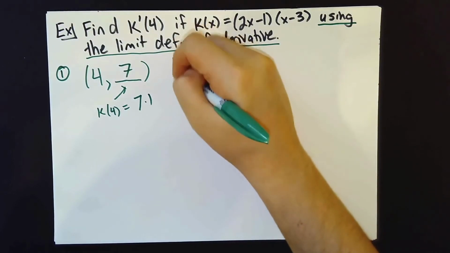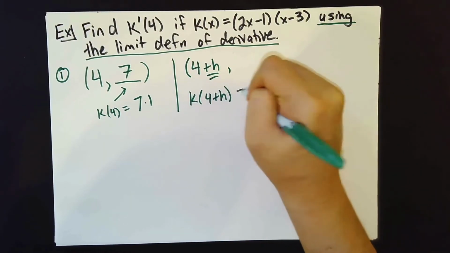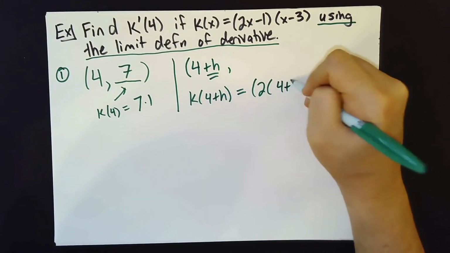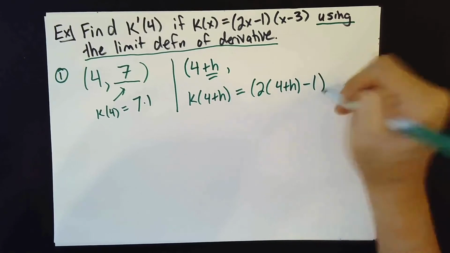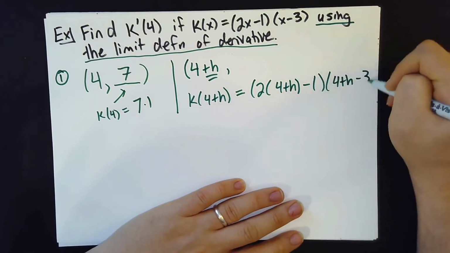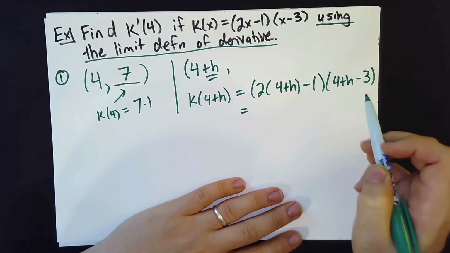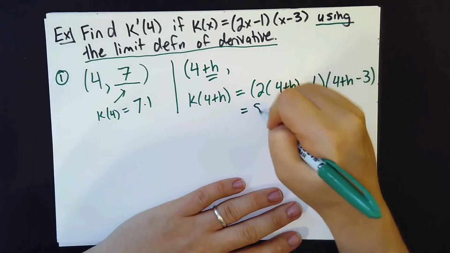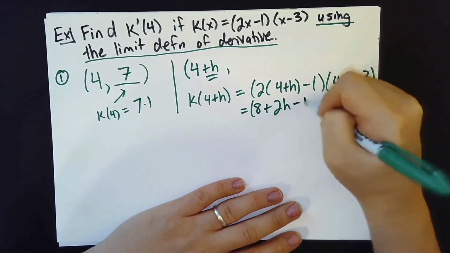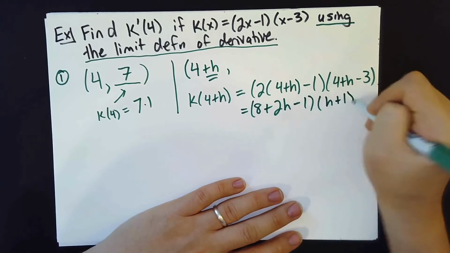And so then k of 4 plus h, what is that? That is 2 times 4 plus h minus 1 times 4 plus h minus 3. Okay, and I'm going to try and clear this up as much as I can. So that's 8 plus 2h minus 1 times h plus 1.